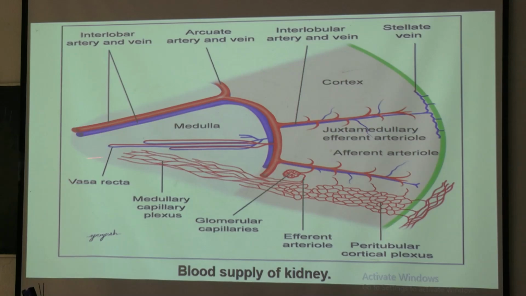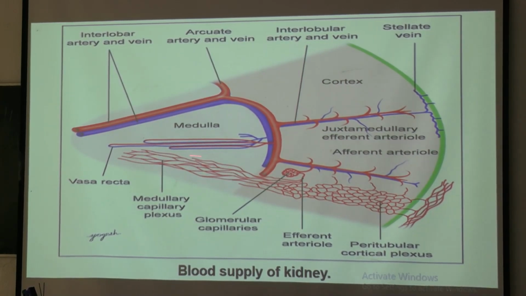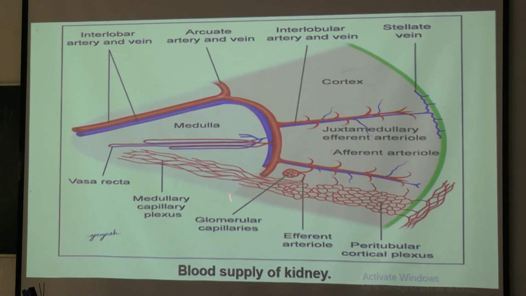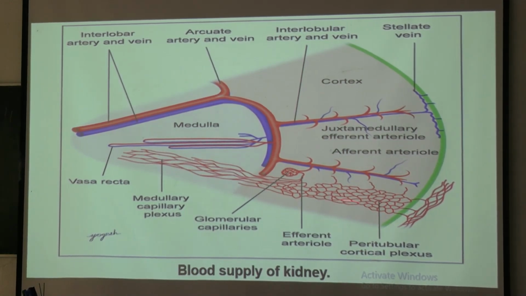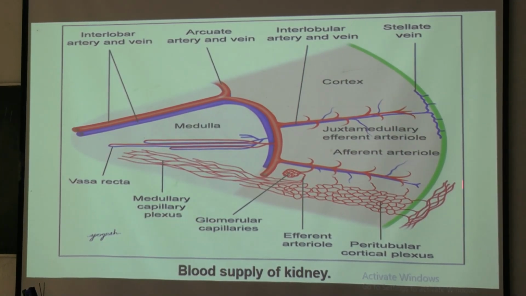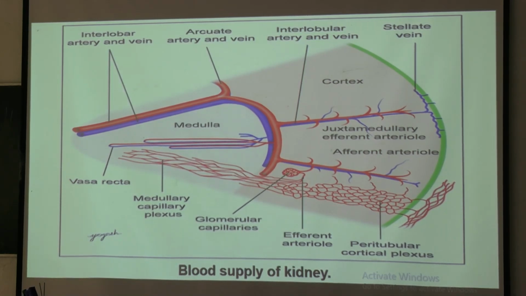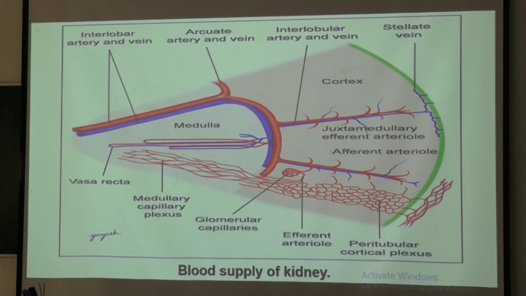They form the vasa recta. And these are the plexuses: the medullary capillary plexus, the glomerular capillary plexus, the peritubular cortical capillary plexus. Stellate veins are present just beneath the capsule. Like this, there are multiple capillary formations within the cortex and medulla.